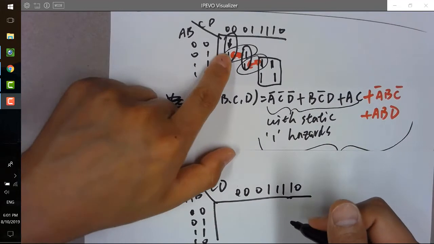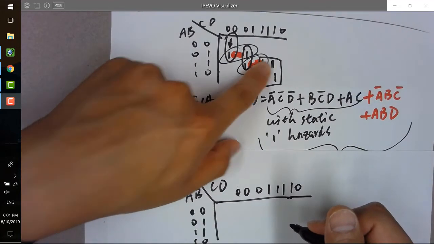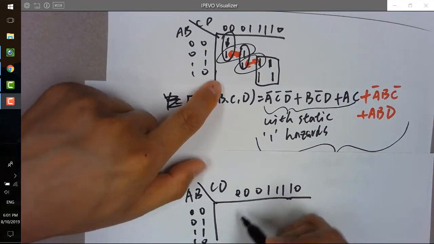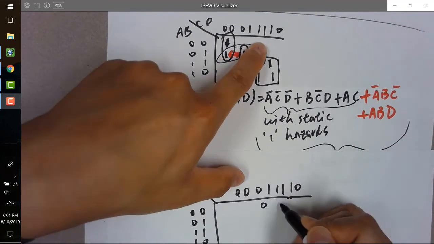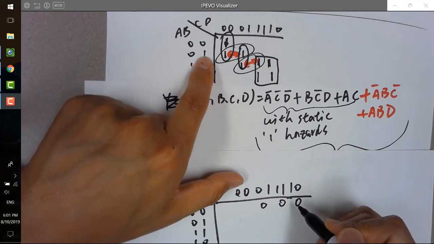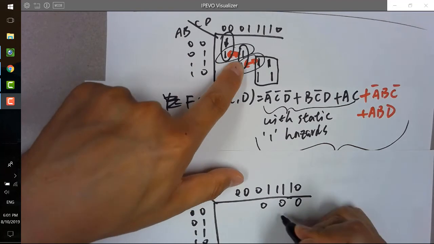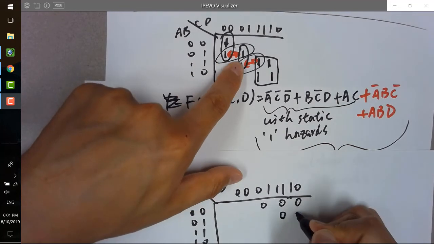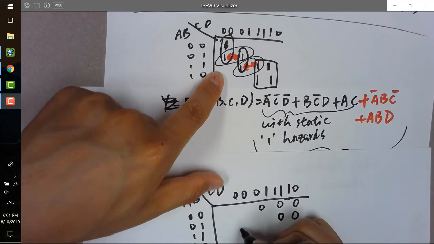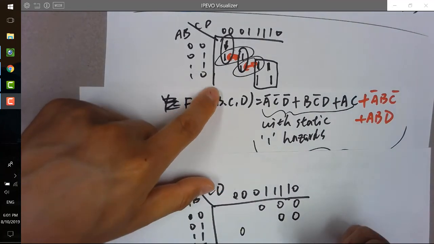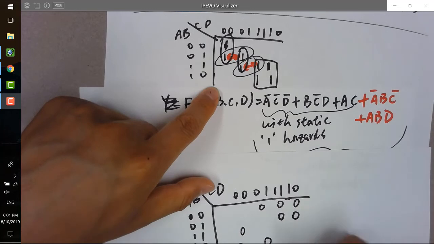You know there are ones at these locations, so zeros will be at the rest of the locations. So you have 0 here, 0 here, 0 here, and two zeros in this row, and then one 0 for this row, and two zeros here.